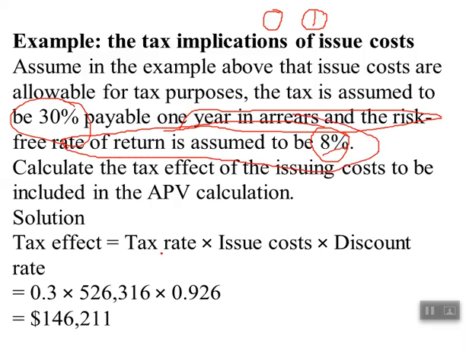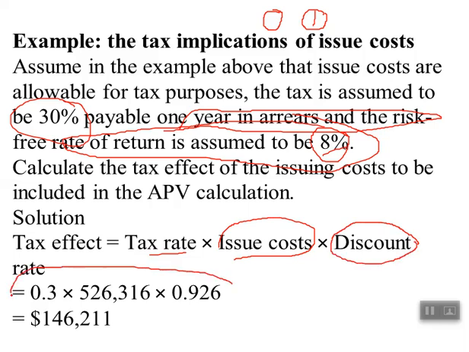So the tax effect will be the tax rate times our issue cost, then times our discount rate, and then you get the present value of our issue cost. So that is what we can talk about as far as the adjusted present value is concerned.